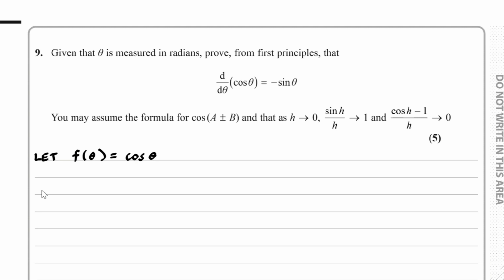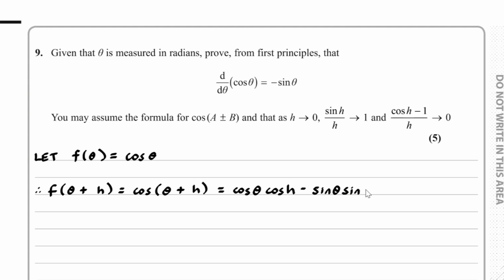And with that, we can therefore find out what f of theta plus h is. That will be cos of theta plus h, which, using the identities, is cos theta cos h minus sin theta sin h.